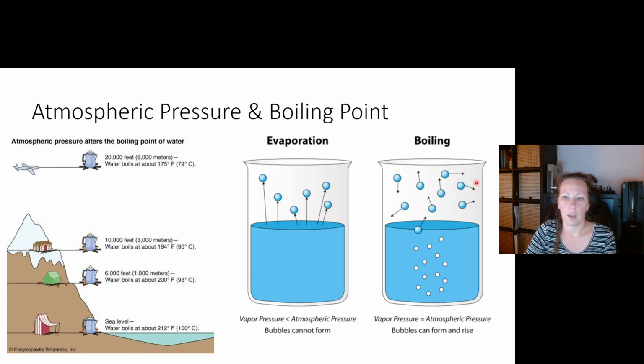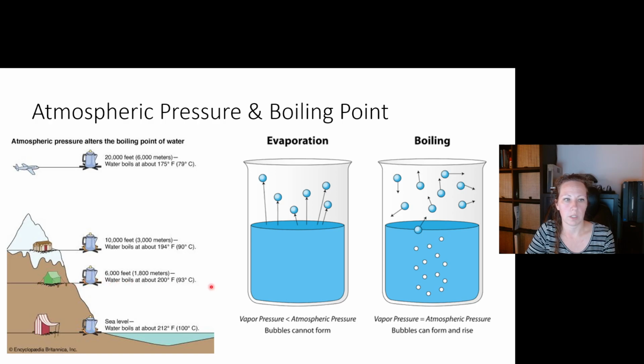So therefore, if the atmospheric pressure is lower, water will boil more easily at a lower temperature. Okay, so when we are up here and there's less atmospheric pressure pressing down on us, our boiling point decreases.